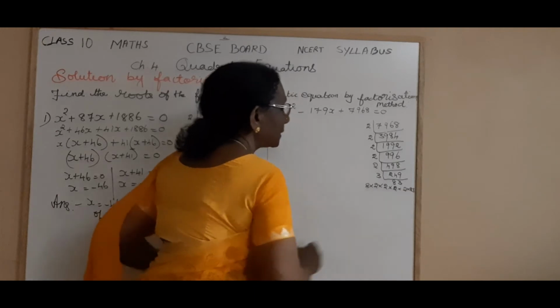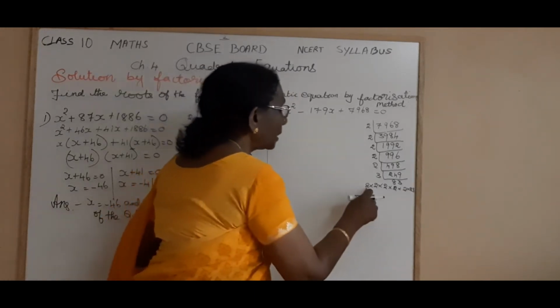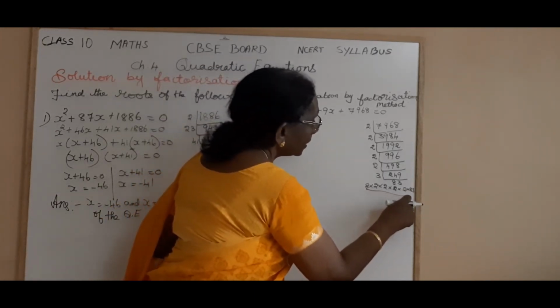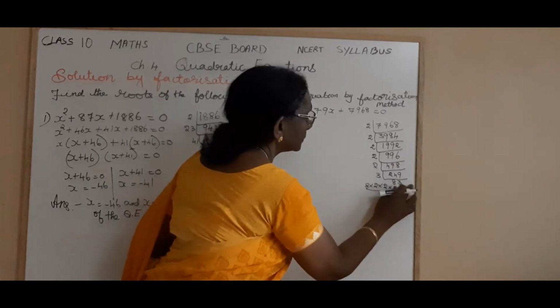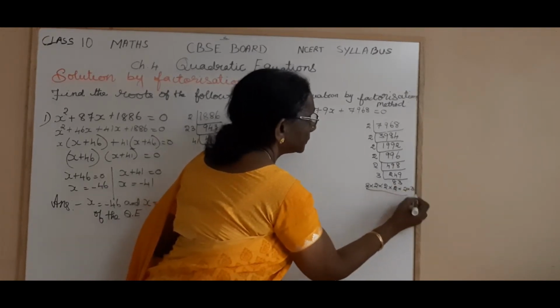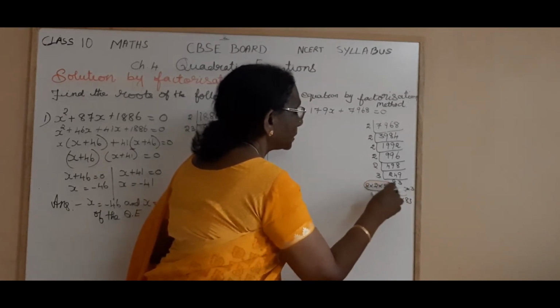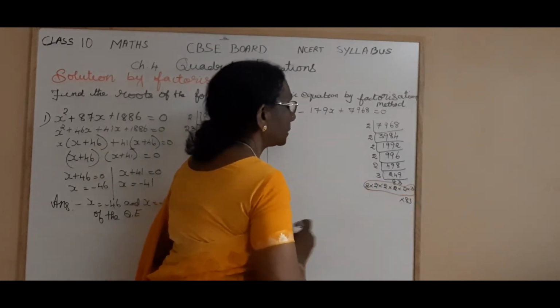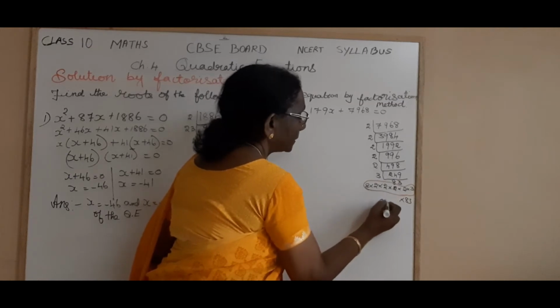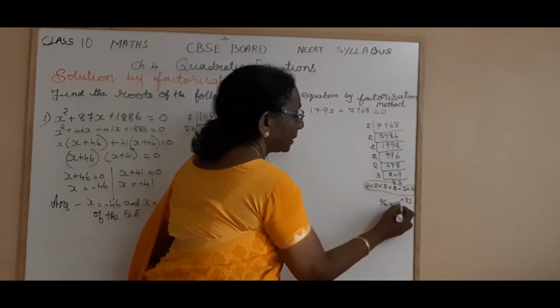So when you group this, 3 into 83. Now when you multiply all, what do you get? You are getting 96. So 96 into 83.